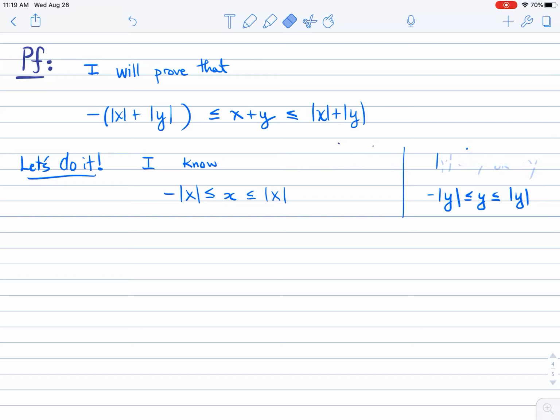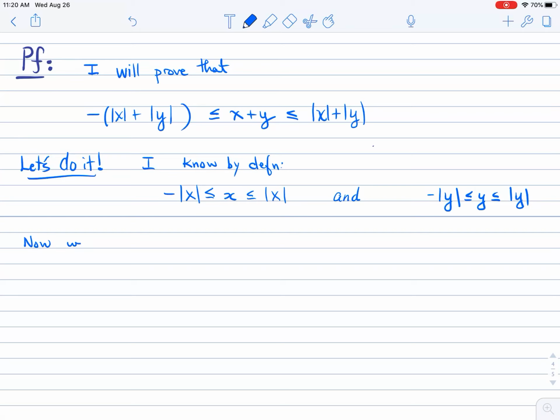In fact, I don't even know that this reason up here is so helpful. The idea is that by definition any number is literally equal to either its absolute value or its negative. And so I know that these two statements are true.